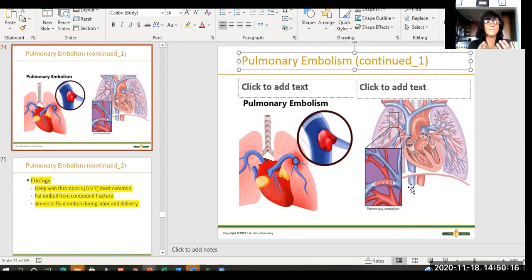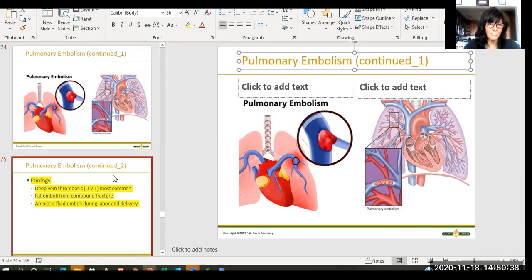DVT moves, they have a pulmonary embolism, it goes to the lung. They can't breathe. The symptoms of a pulmonary embolism are severe and really quick onset of anxiety, tachypnea, and dyspnea. And that's just what they look like.